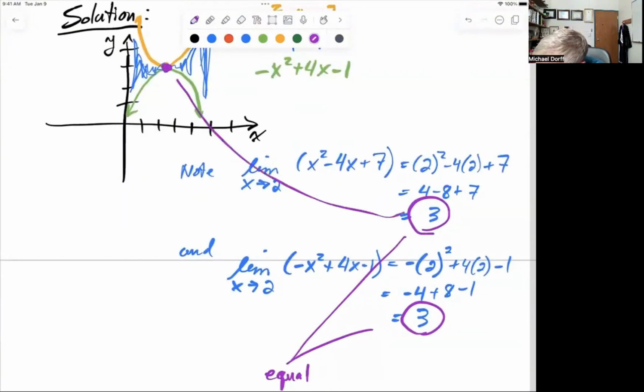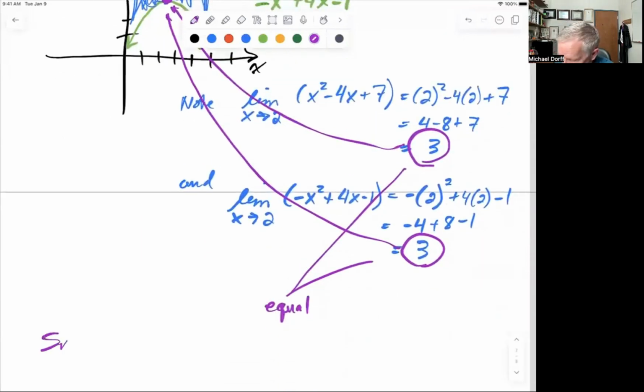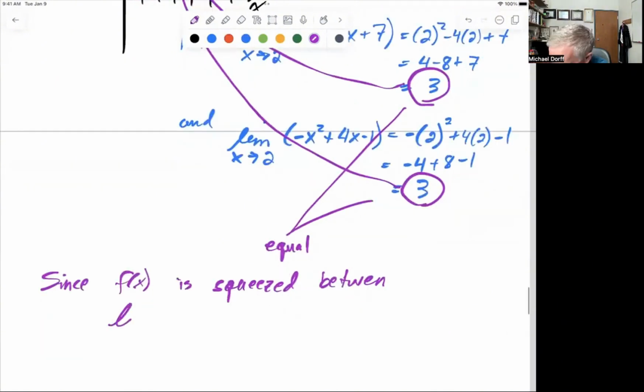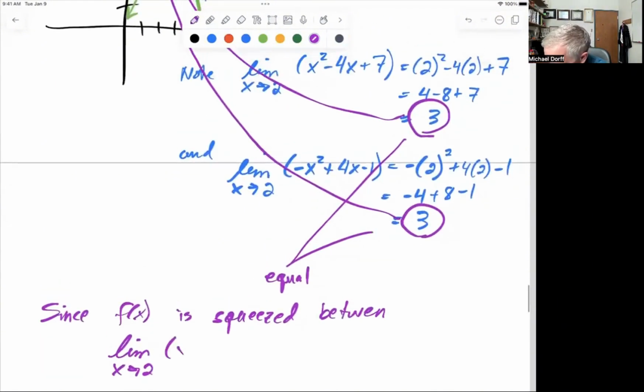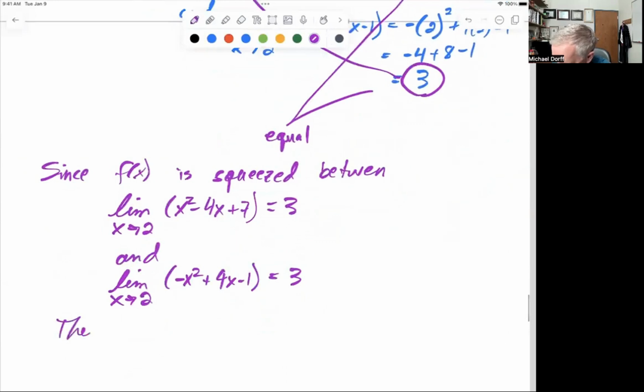There's that 3. Well, if my f of x is between those two, the only way it can be between 3 and 3 is if it's equal to 3. So since f of x is squeezed between the limit of the top function, which equals 3, and the limit of the bottom function, which also equals 3 at that point, then the limit of f of x there has to also equal 3.